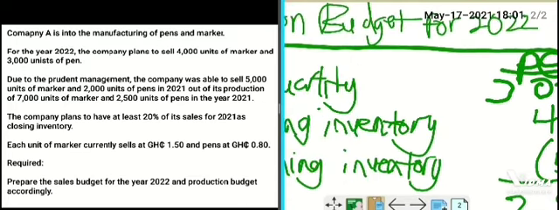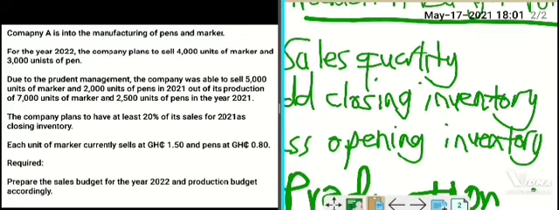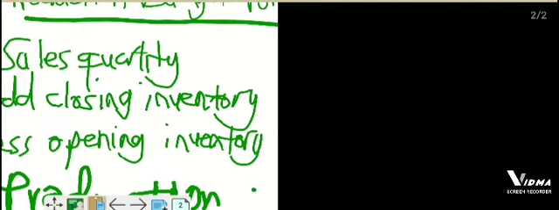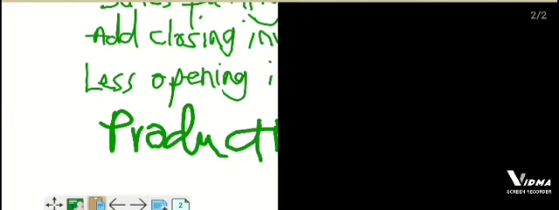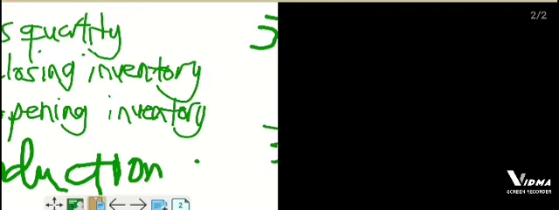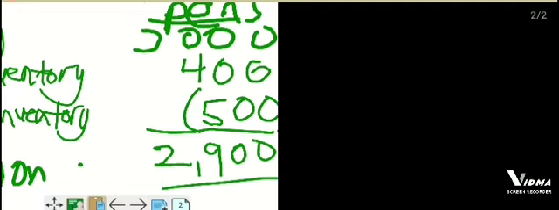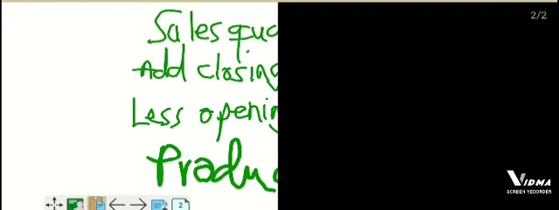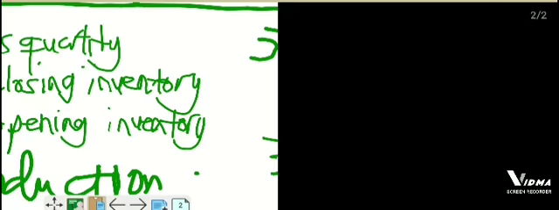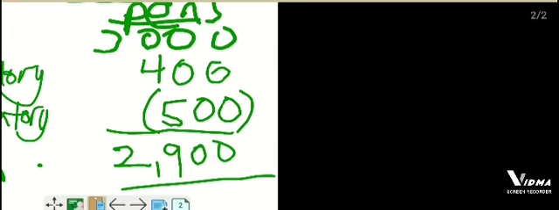So this is our production budget. I can close this now. Oh, I think this is not working out. It's been a bit of an issue. But I think we should have our sales units as 3,000 for pens.